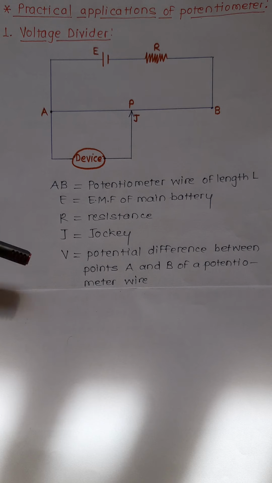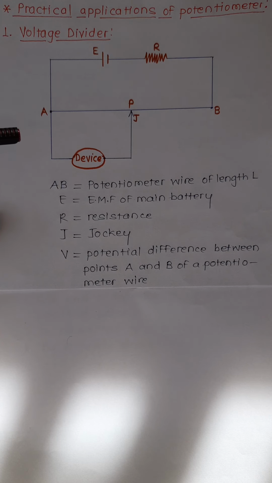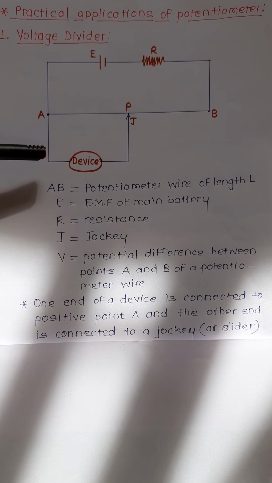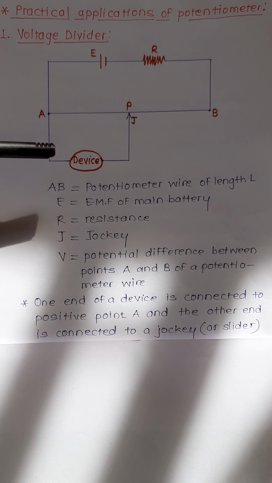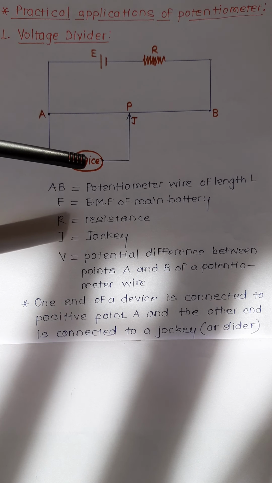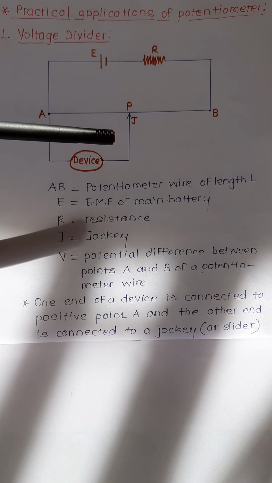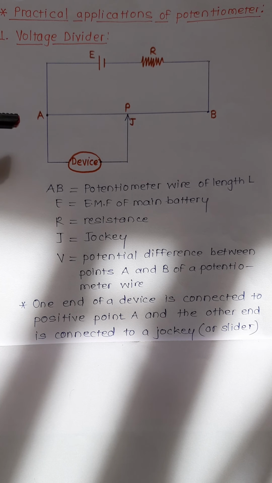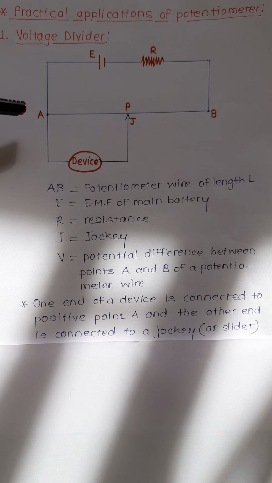Now let V be the potential difference between 2 points of wire AB. Now this is the device across which we want to apply the desired potential difference. One end of this device is connected to the positive point A and the other end is connected to the jockey or to the slider. A is the positive end of the wire where the positive terminal of the cell is connected.